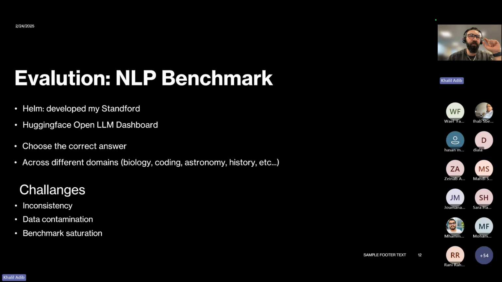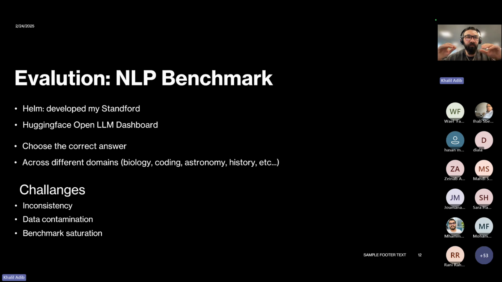There are a lot of benchmarks available nowadays. One of them is called HELM, which has under it a lot of benchmarks as well, like MMLU and some coding benchmarks, where essentially they would be in question-and-answer pairs, and for each question they would have multiple answers, and the LLM has to choose the correct one.